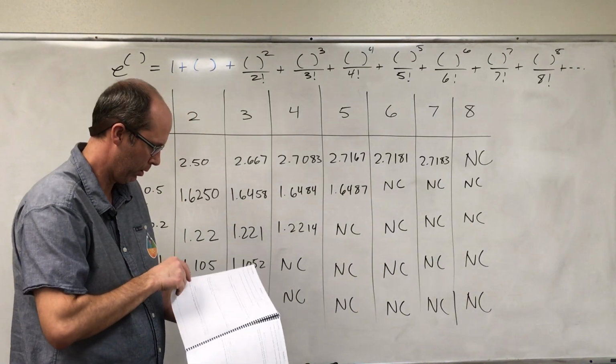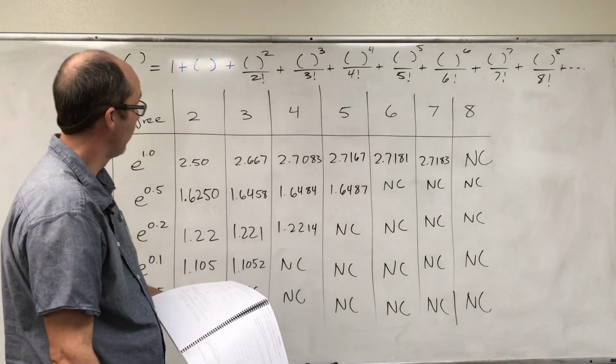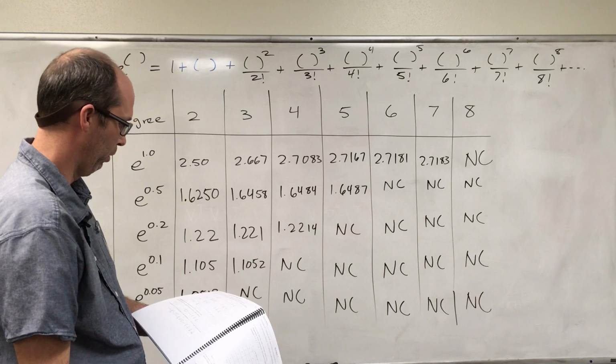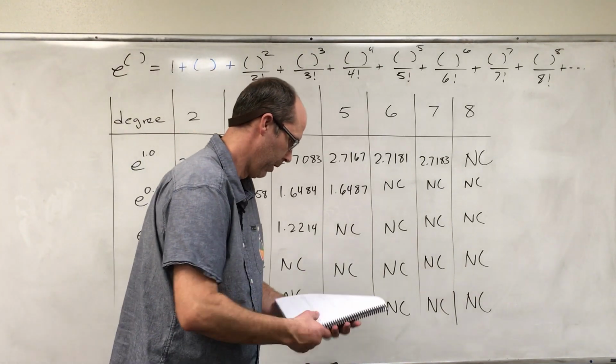But I do know this is true. E to the x, where are you at? There you go. You got 1 plus x squared over 2. Yeah. Okay. All right.